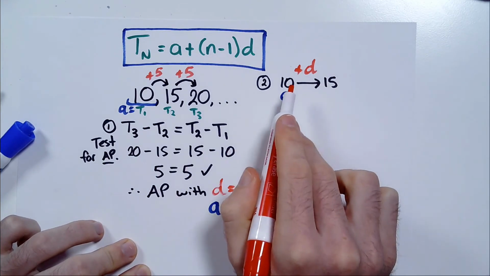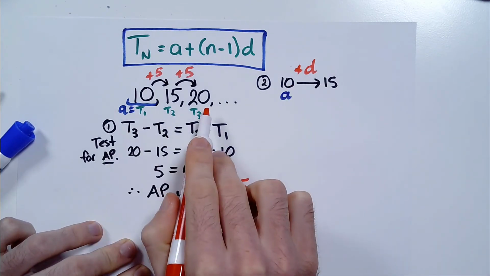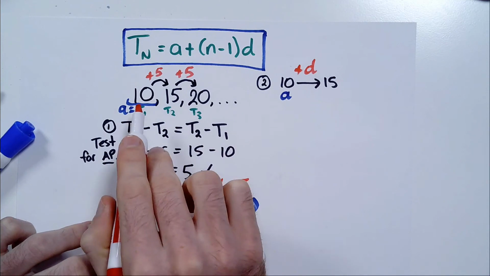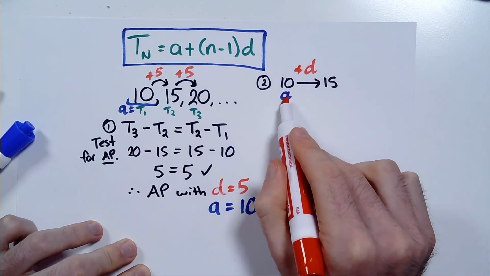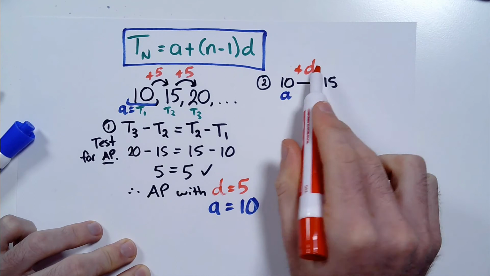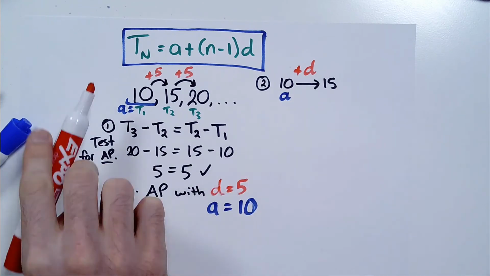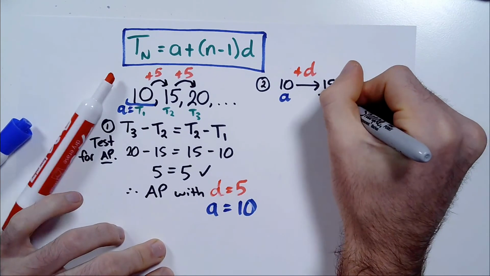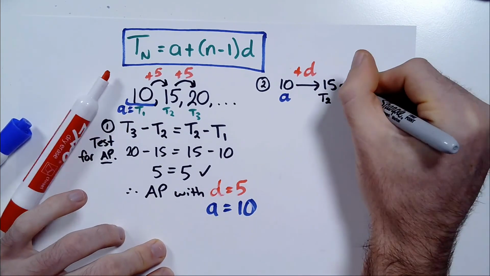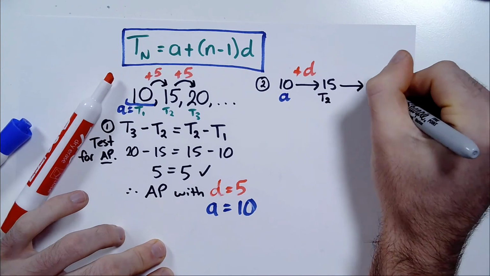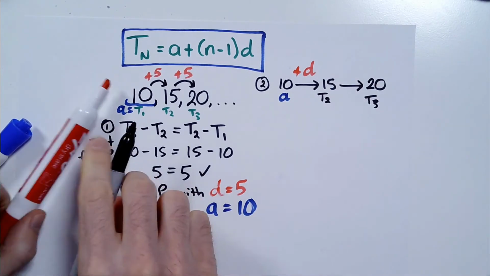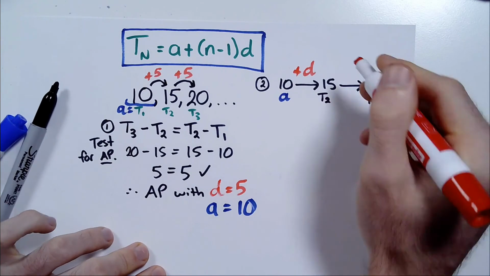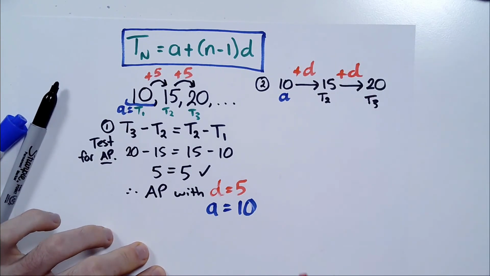I want a formula that will work for any type of pattern that is an AP, not just 10, 15, 20 specifically. So we have the first term, and you plus the difference, which is 5 here, to get to the next one. And remember, the next one is T2. Then how do we get from 15 to 20, which is T3? Well, you get to T3 by basically getting the second term and plussing the difference onto that.